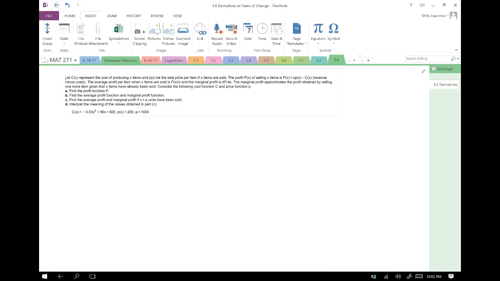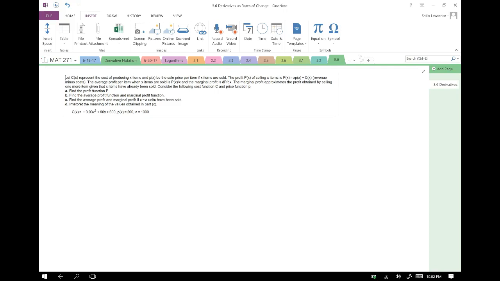So it sounds confusing, but we're just going to plug stuff into all of those spots and create a function. And really all that equation says is revenue minus costs. The average profit per item when X items are sold is P of X divided by X. That's the average profit. And the marginal profit is dP dx. Now that's derivative notation.